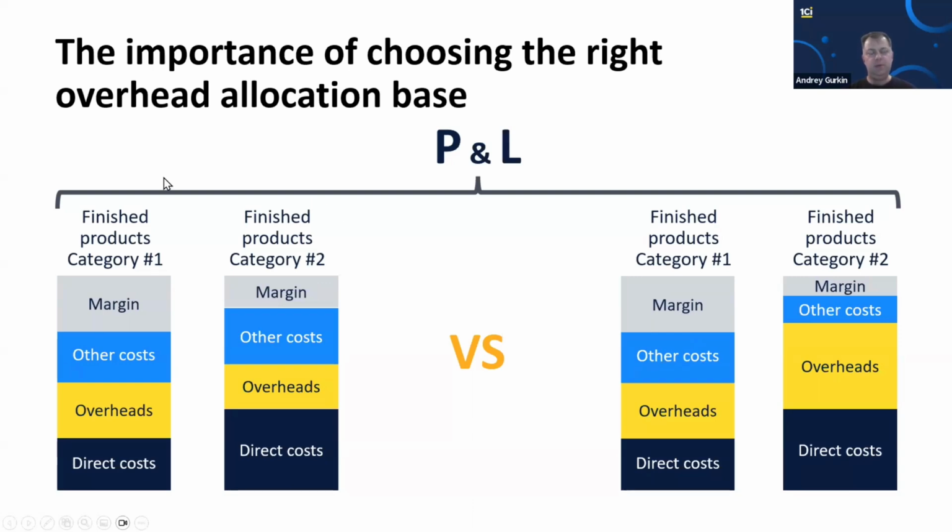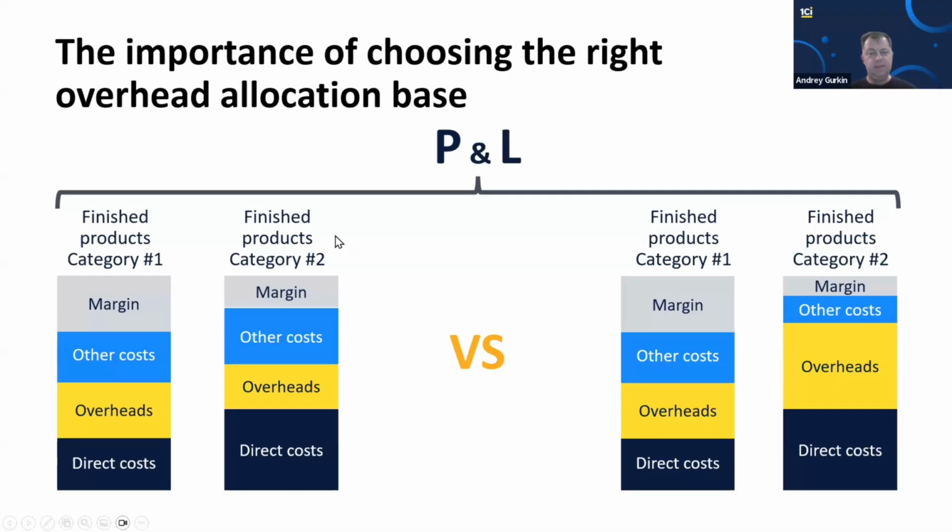Let's compare. On the left hand, you can see that we have two products. It doesn't matter, two product categories, etc. Let's imagine that you are, for example, a brand manager, responsible for both the sales prices and the margin.